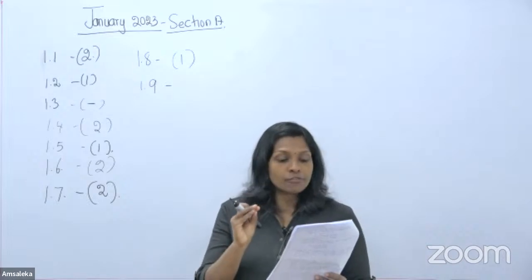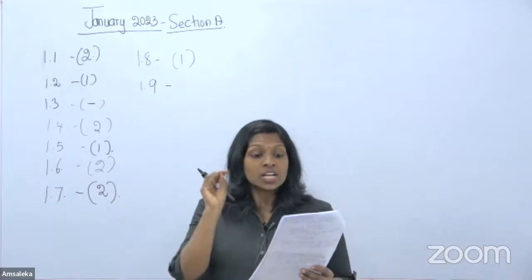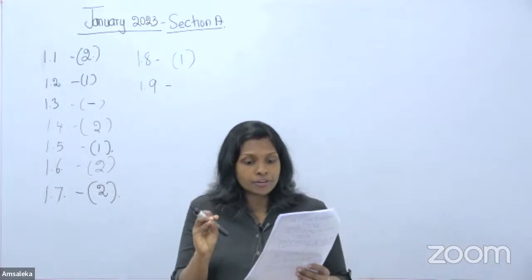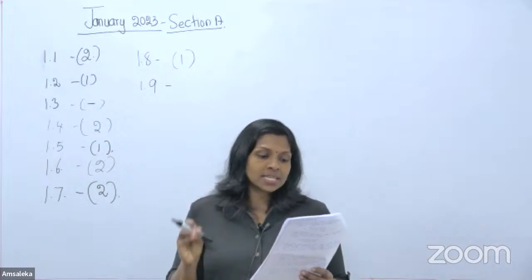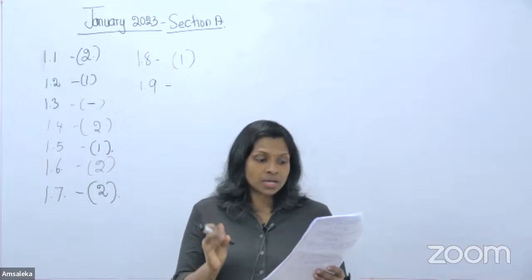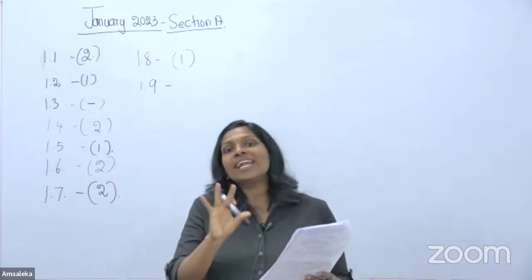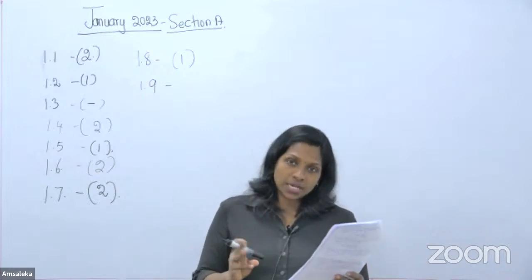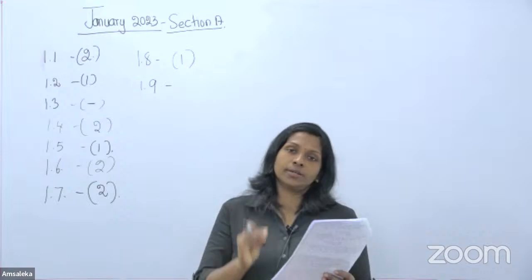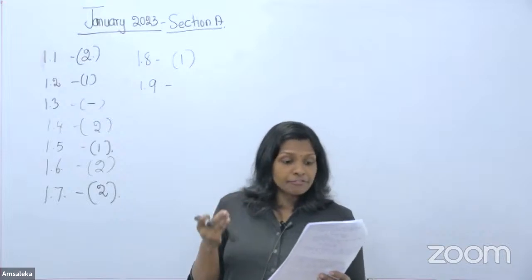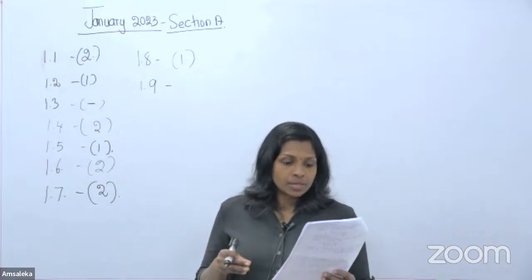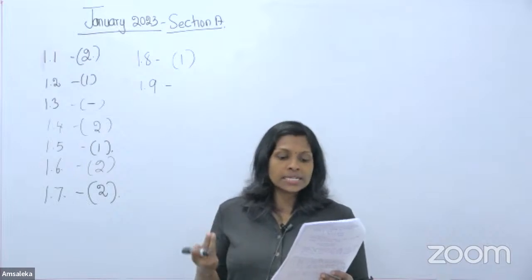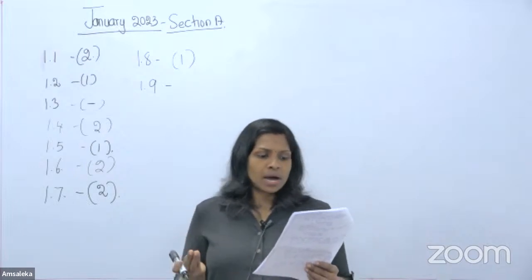Which one of the following is not correct with respect to a firm operating in a perfect competitive market? So it is about the not. Any firm can make economic profit and continue to operate in the market.